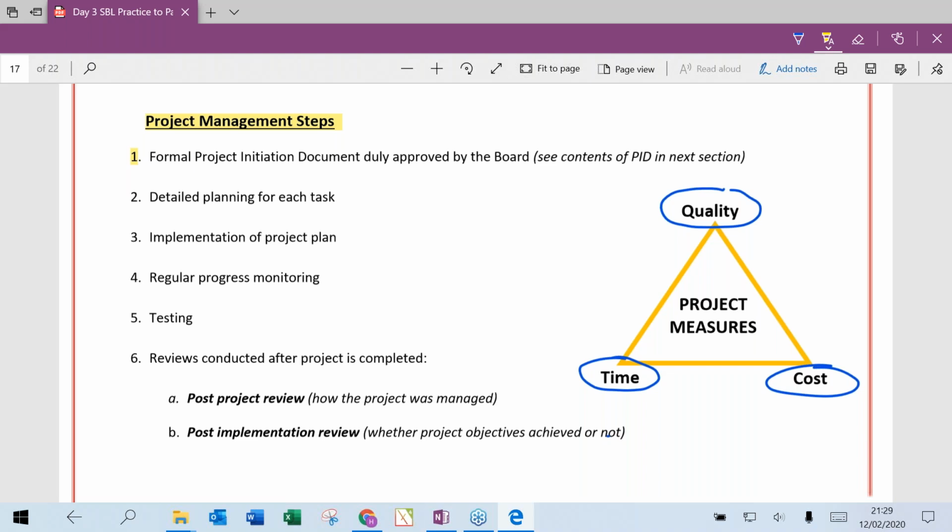So each and every project should have a definite business objective or business advantage. For example, if I say that we are now going for online sales, what's the purpose? More revenue, correct? More market share, more profitability. So that's the objective. We spent money on the project in anticipation of future benefit, which is more revenue.